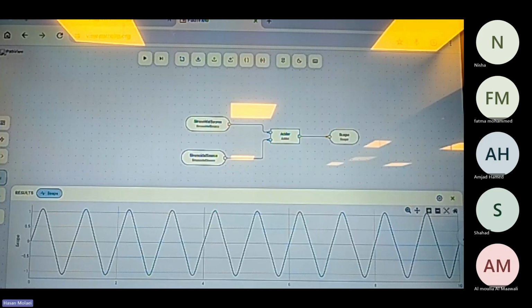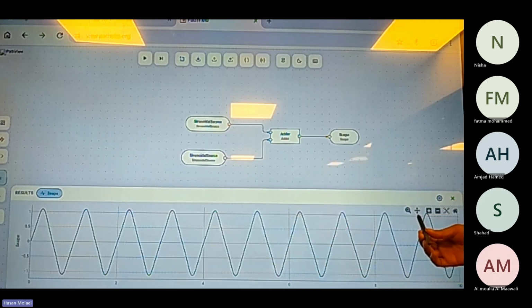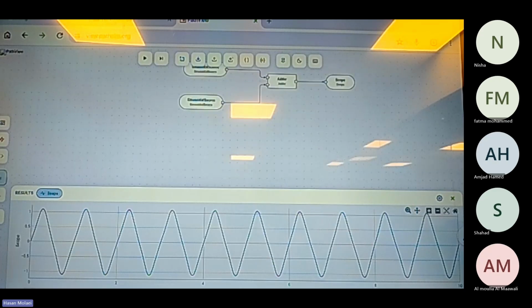What happened? I added two sinusoidal signals, but the answer is like a triangle, yeah. It's not completely a triangle, but kind of. Let me make it more triangular.